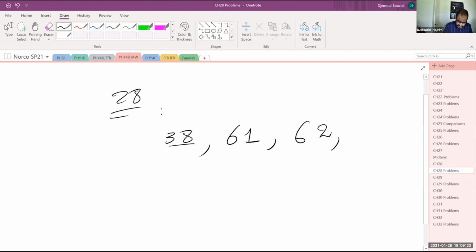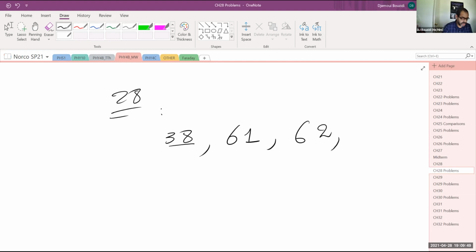Problem 62 is similar to problem 64, which also was in an exam last semester. The only difference between them is that one of them is a half circle shape, and the other one is actually 120 degrees, slightly bigger. So they are very similar, problem 62 and 64.